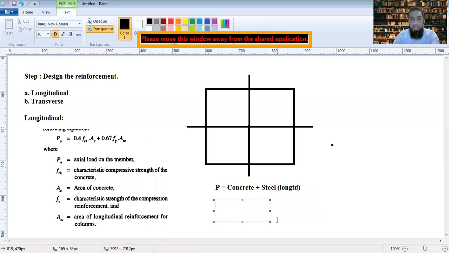So P is a load. Now concrete has got the compressive strength value FCK, that's a stress.